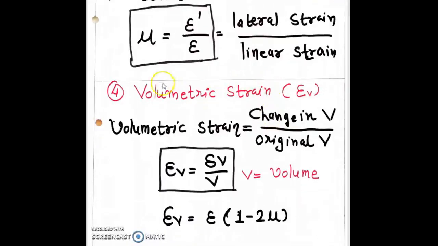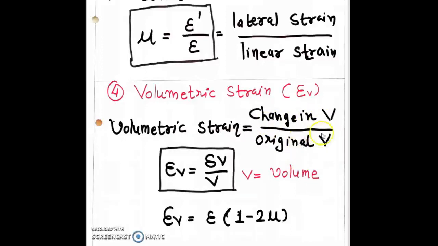Next, volumetric strain. When we apply a load on any object, there is a change in volume, size and shape also. So, same as the definition of strain, volumetric strain is the ratio of change in volume to the original volume.